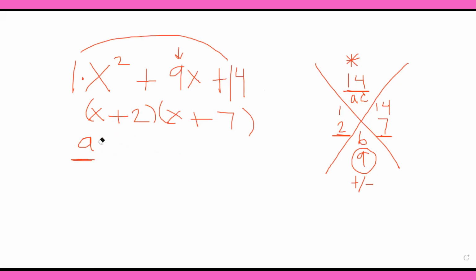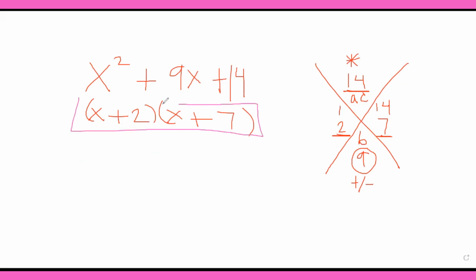And if we were asked to just find the factors, or just factor our original equation here, this would be our final answer. These would be the factors. If we are asked to find the solutions, find the zeros, or solve for x, we would set this equal to 0, and each of these is an option, meaning if this whole thing is 0, the entire problem would be 0.